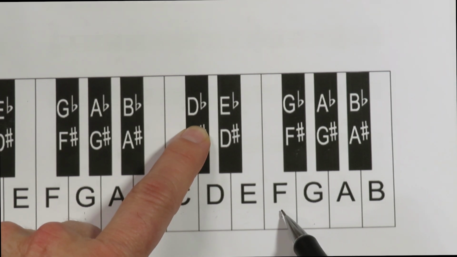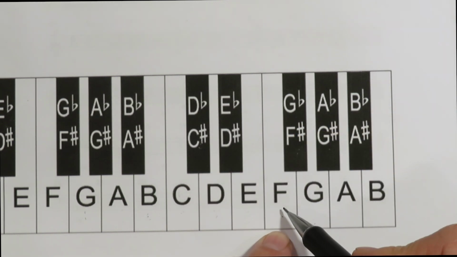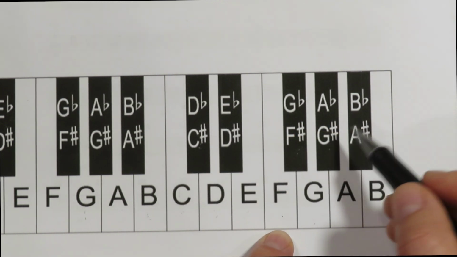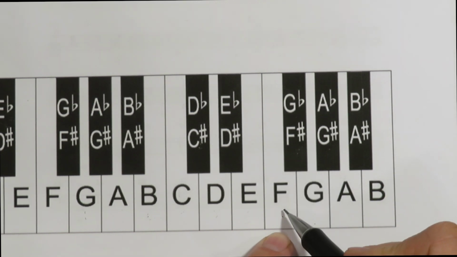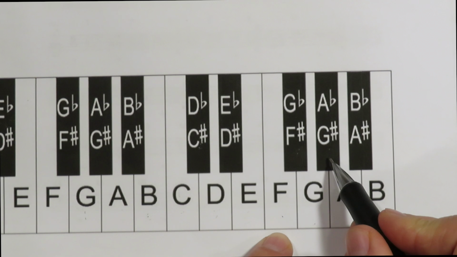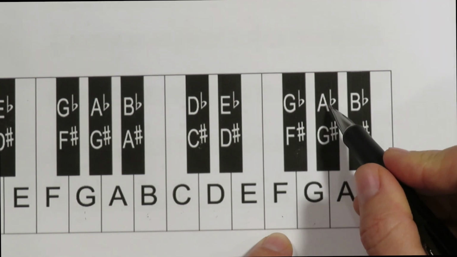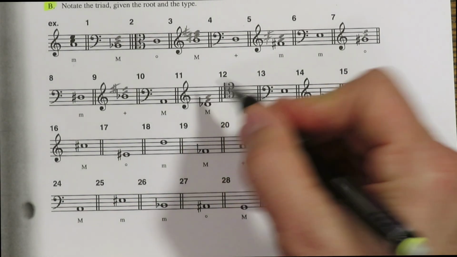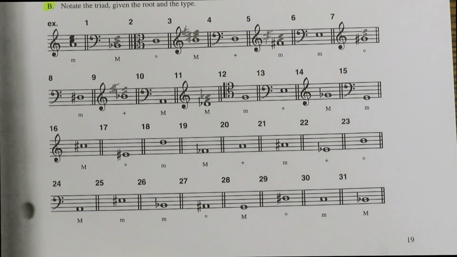Good. So with a major triad, we're stacking a major third and then a minor third. So we want to go 3 half steps up from F, 1, 2, 3, to the A flat. All right, not the G sharp, it's got to be some kind of A. So you have the A, so we flat it. D flat major.